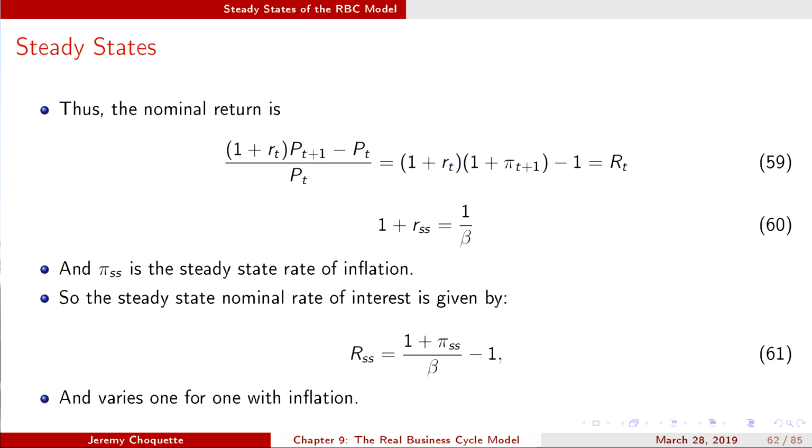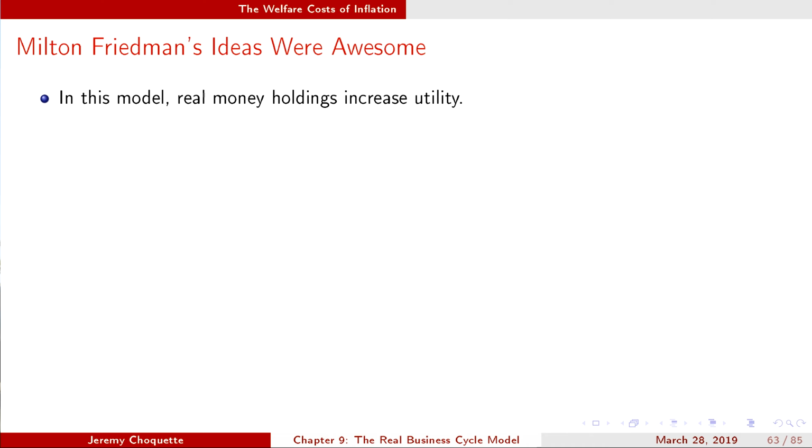It's not going to affect the way bonds are bought and sold, because inflation is basically picking up the slack for that. So we're seeing nominal variables respond in a way such that real variables don't have to respond. So let's talk about some of Milton Friedman's stuff.